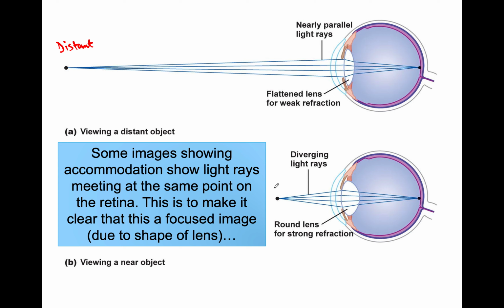A close object will reflect rays of light, which we can refer to as diverging, moving away. Now, those diverging rays will require a stronger refraction to produce an image on the retina.